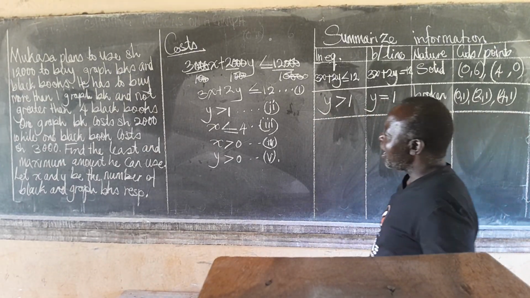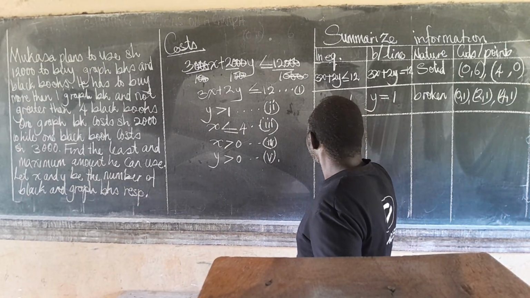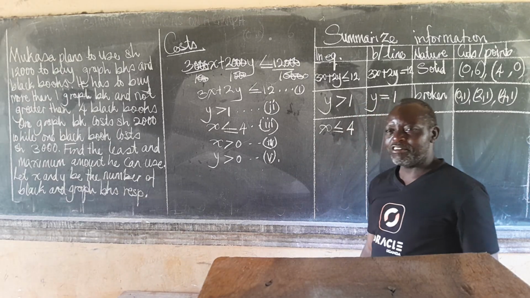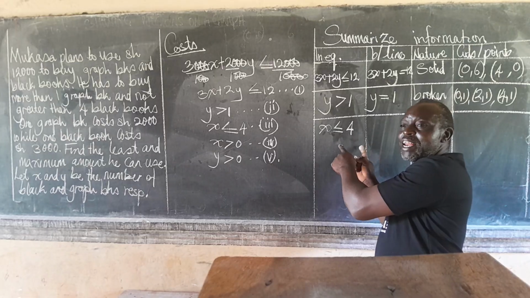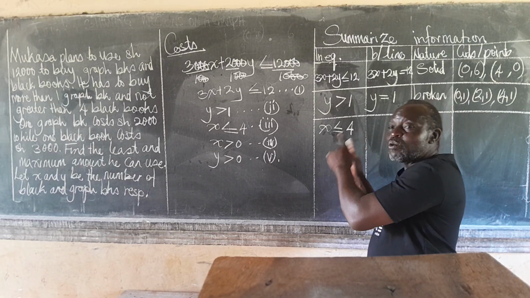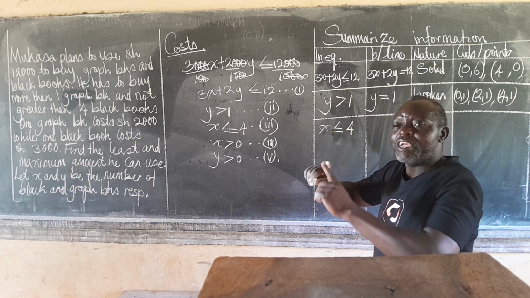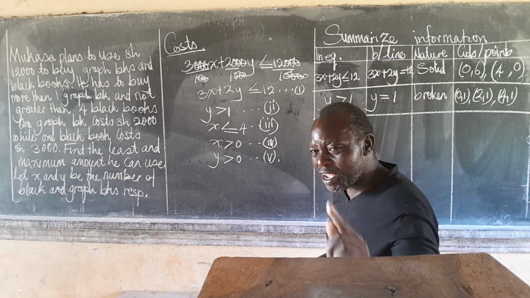Proceed. Now we have this one, which is telling us x is less than or equal to 4. It means that the boundary line has to be replaced with the equal sign, whichever sign is there. When it comes to the boundary line, it has to be replaced with an equal sign.